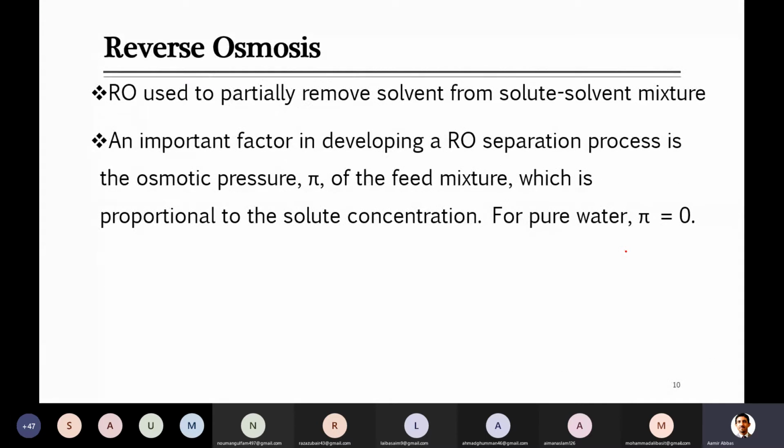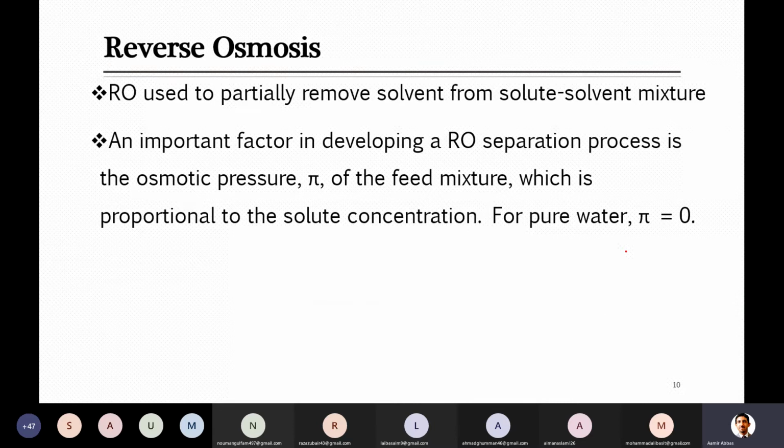If there is a water column, pressure will be exerted at the bottom of that column due to the head of water. But if there are salts inside the water, then they will exert some additional pressure, so the pressure increases, and that is the osmotic pressure.